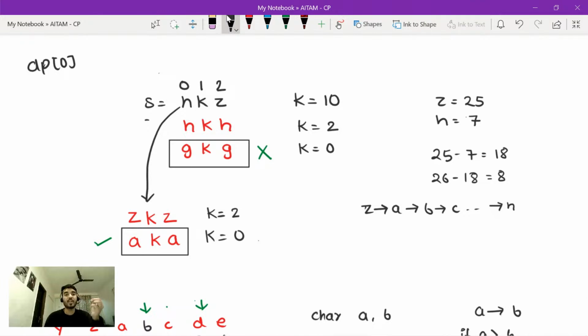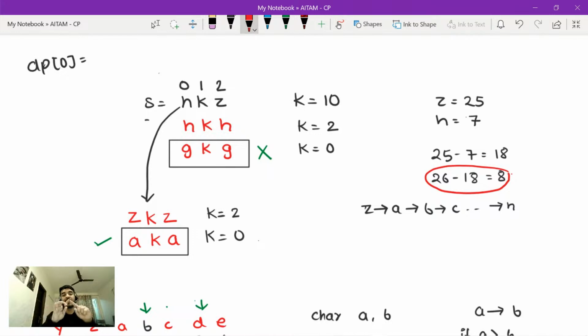What is the value of dp of 0? That is, what is the minimum operation we require to make these two characters the same? This is nothing but 8 operations: 26 minus 18.